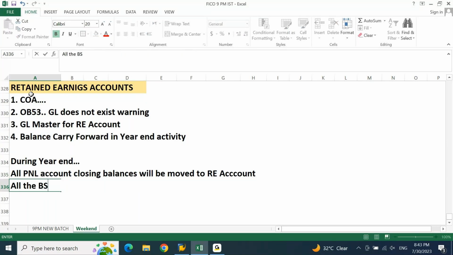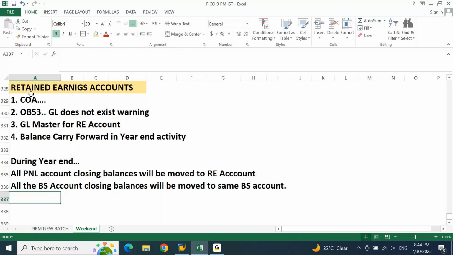All the balance sheet account closing balances will be moved to the same balance sheet account. Correct? Just remember these points alone. I'll explain everything practically with figures on the SAP.